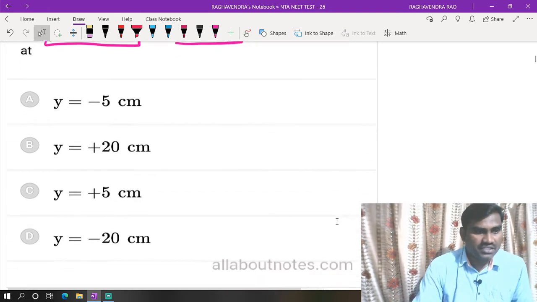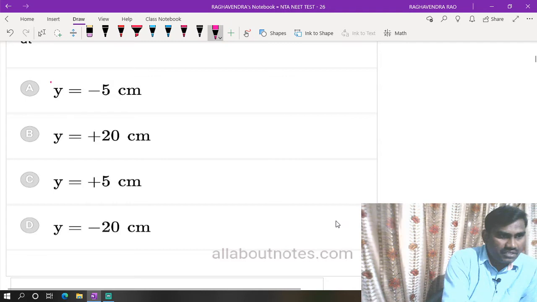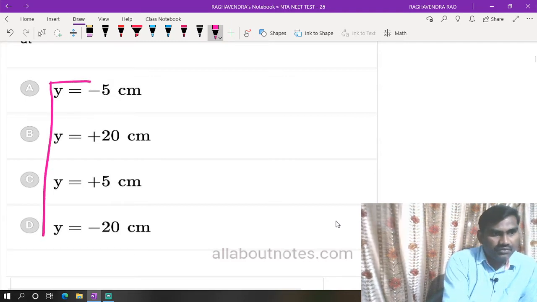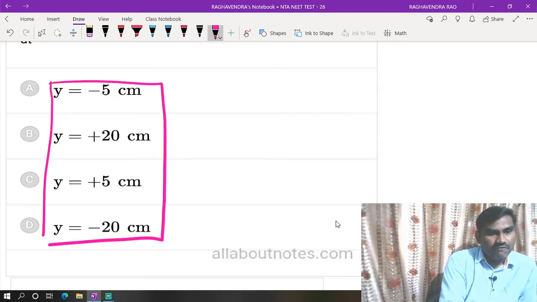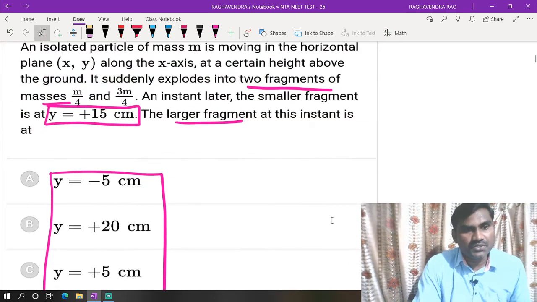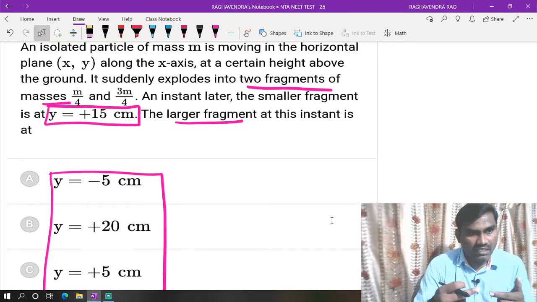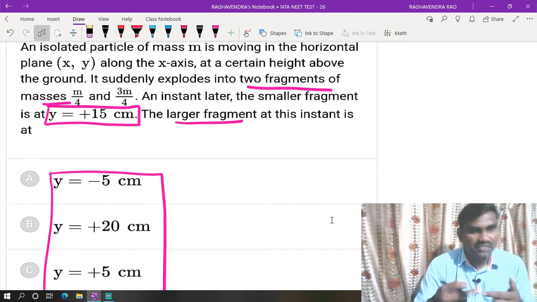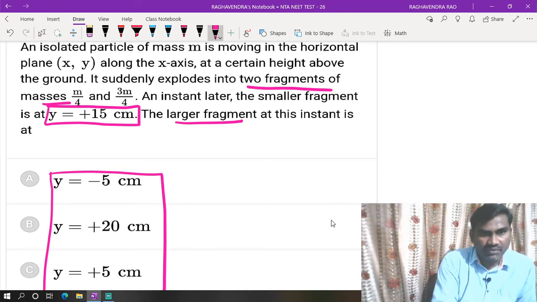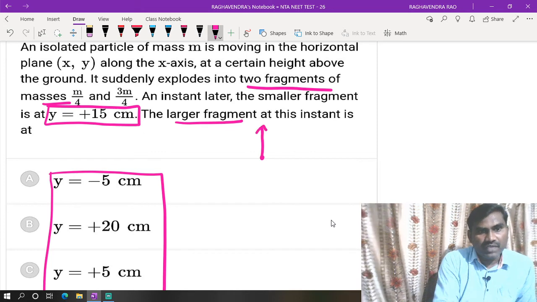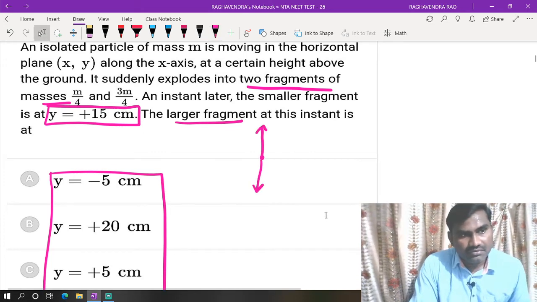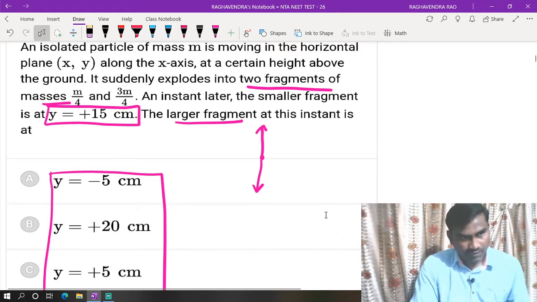Now here, when you are seeing the options, all the options are also given in y. So what it means is, if a particle is split into two parts, those two parts obey the conservation of linear momentum. That means if one is moving along the positive y-axis, the other fragment will move along the negative y-axis.